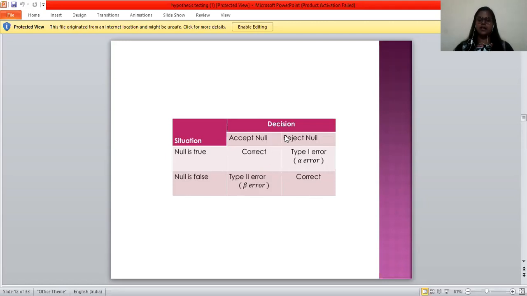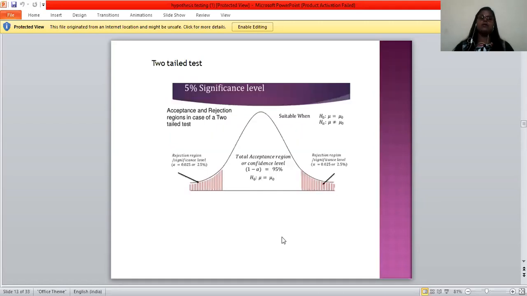So when you're deciding based on the test statistic, if the null hypothesis is true and you reject, that's type 1 error. If the null hypothesis is wrong or false and you accept, that becomes type 2 error, beta error. Now let's look into the tail tests. The first thing shown here is the two-tailed test.